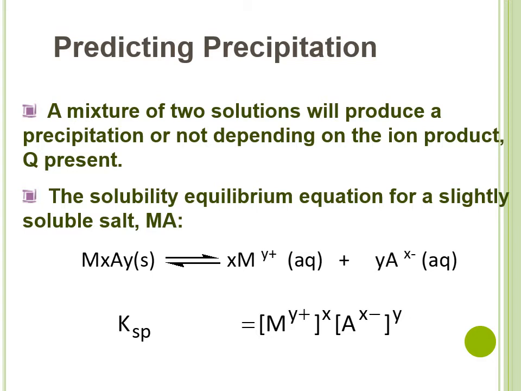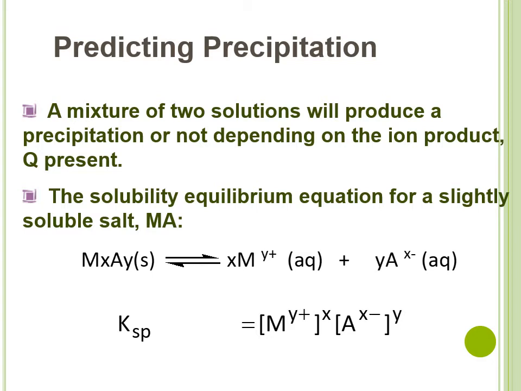The solubility equilibrium equation for a slightly soluble salt MxAy is shown in this balanced equation. We use alphabets to represent the unknown. MxAy solid becomes xM^y+ aqueous plus yA^x- aqueous.